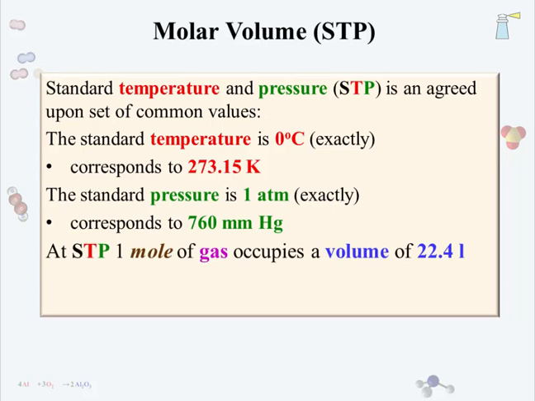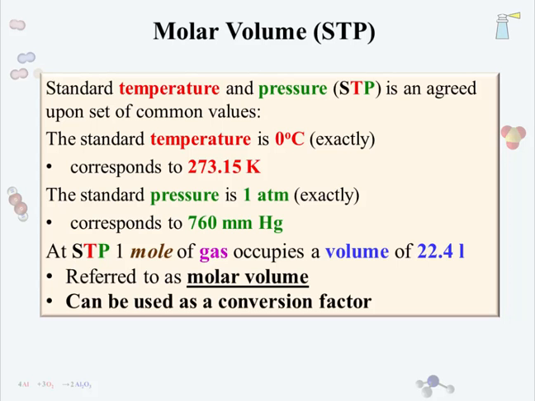Important to our discussion is that at STP, 1 mole of gas occupies a volume of 22.4 liters. This is true for all gases. That moles of gas to volume ratio is referred to as a molar volume. It can be used as a conversion factor for getting into and out of moles.